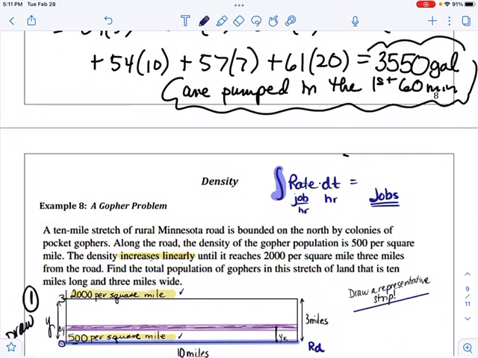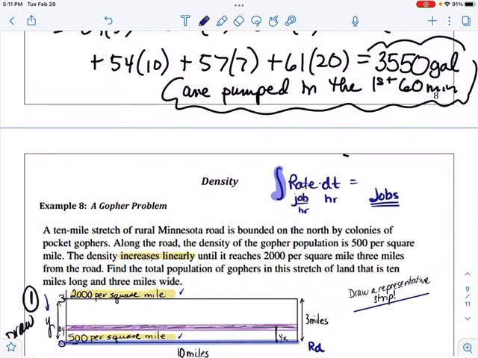Now, if we're looking at this, I made randomly, but I made the variable for the 0 to 3 miles, I made it y. So it's going to go up y units from 0 miles to 3 miles. And then I drew a rectangle.